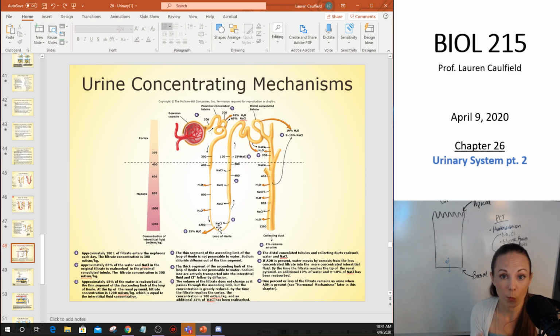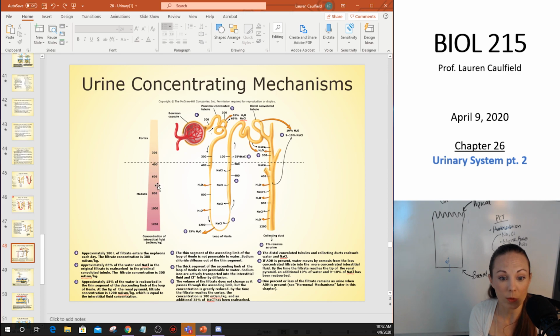So the area where the filtrate is the most concentrated, because we just moved out all this water and we have tons of solutes in it, is going to be here at the tip of the loop of Henle. Now, as we go back up the ascending side, we're not moving water out because we are decreasing our concentration.